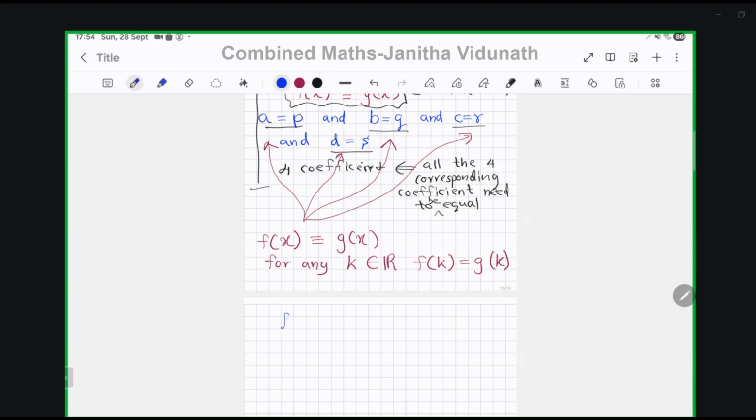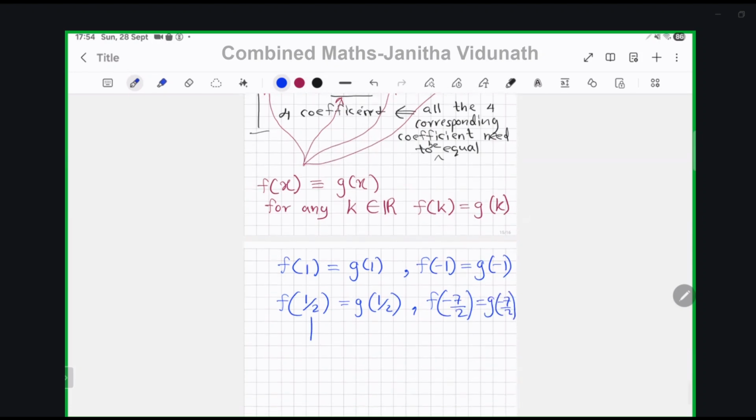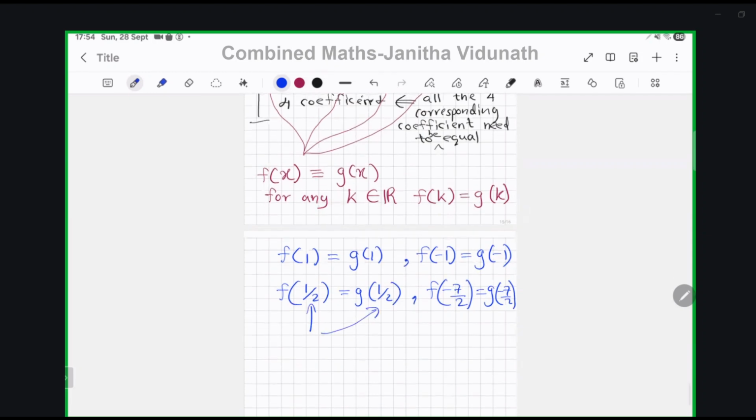That means f(1) needs to be equal to g(1), or f(-1) equal to g(-1), or f(1/2) equal to g(1/2), or f(-7/2) equal to g(-7/2). That means if we replace the variable with a number, then both sides need to be equal.